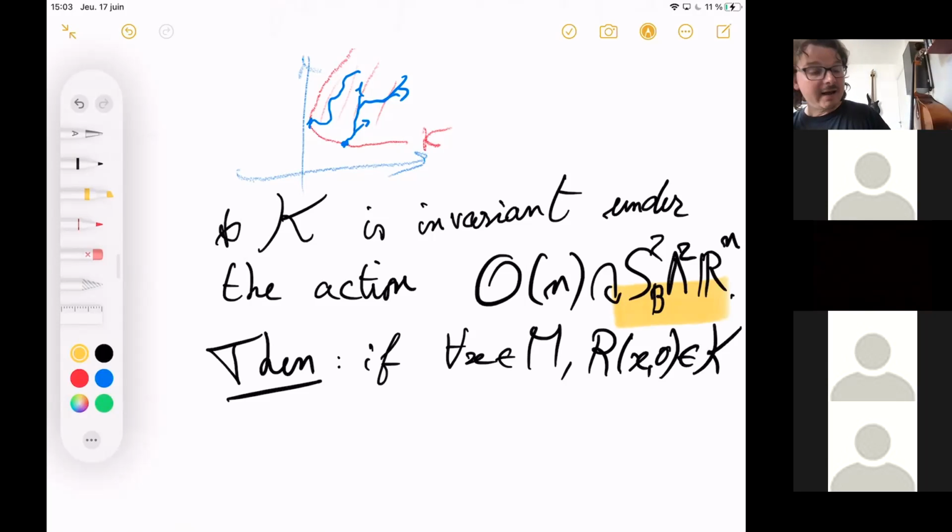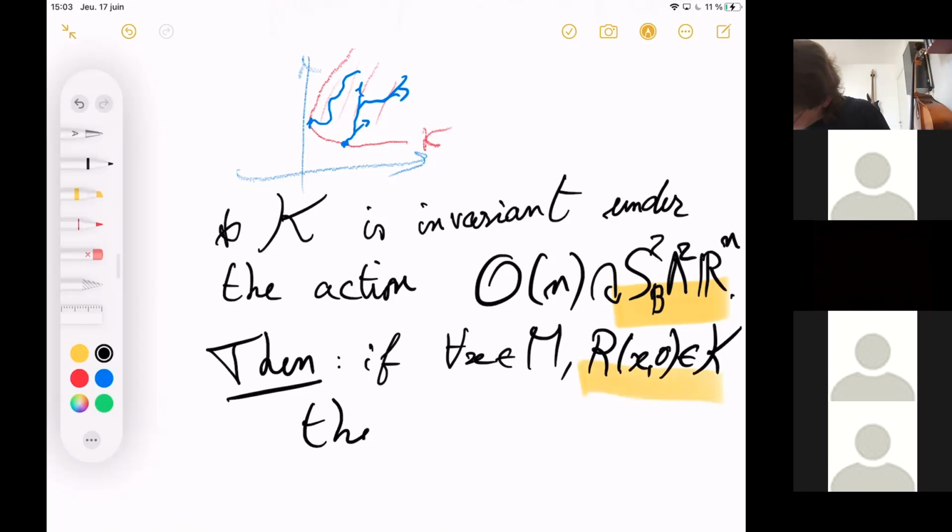And so I can put K inside that. I will get something well defined since K is O(n) invariant. And then the curvature operator of my manifold is a point inside that space. So that makes sense.